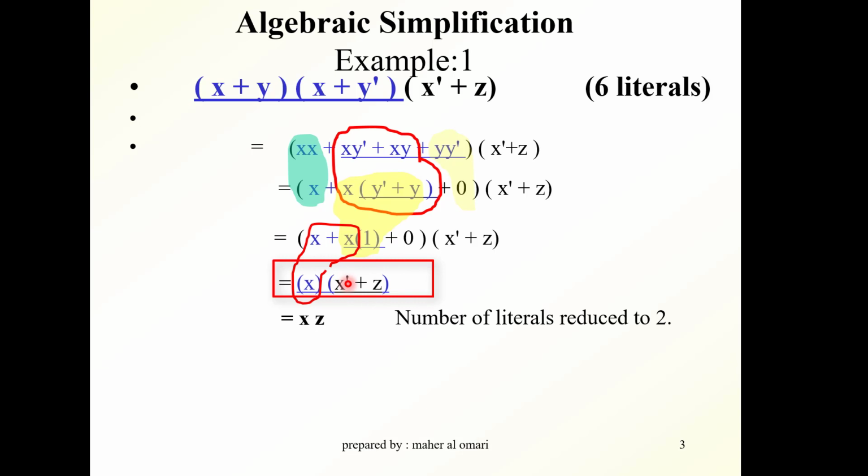If we want it in sum of products, then X ANDed with X bar, which is equal to 0, ORed with X ANDed with Z, which is equal to this. So this is the final minimal function. You saw that we had 6 literals in the function before. We ended up with 2 literals.